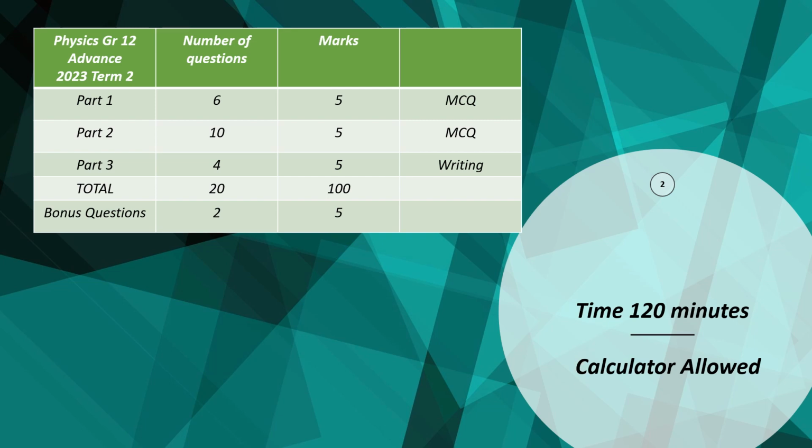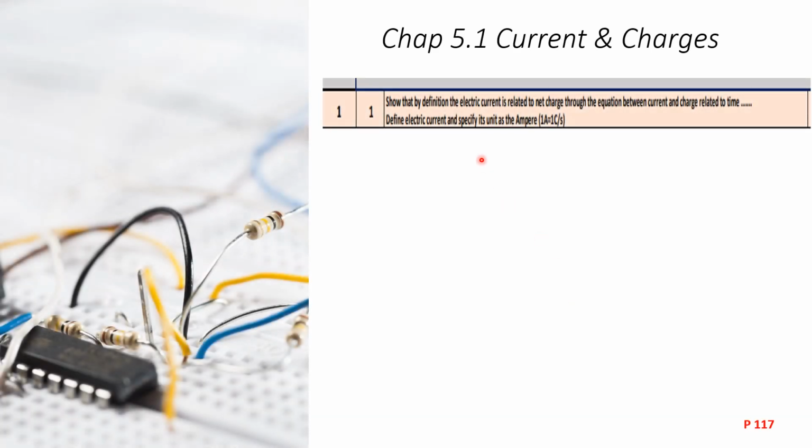So here we go with the first question, or the first idea. It's about section 5.1, the current and charges. What's it asking? Show that the definition of the electric current is related to the net charge. So we need to define the relationship between the current and the charge through the equation relating current and charge to time.